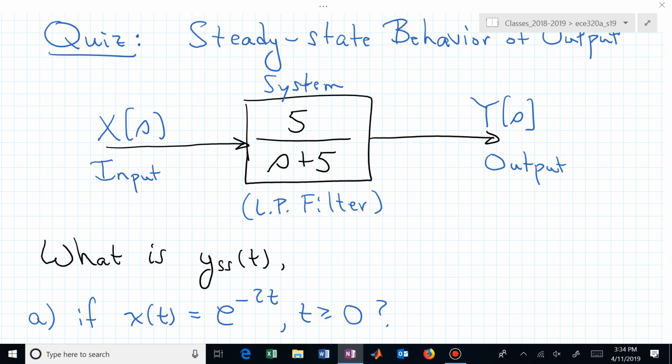Here's the first one. What if x of t, the input to this low-pass filter, is e to the minus 2t? What's the steady state value of the output y? And I want you to start gaining some insight.